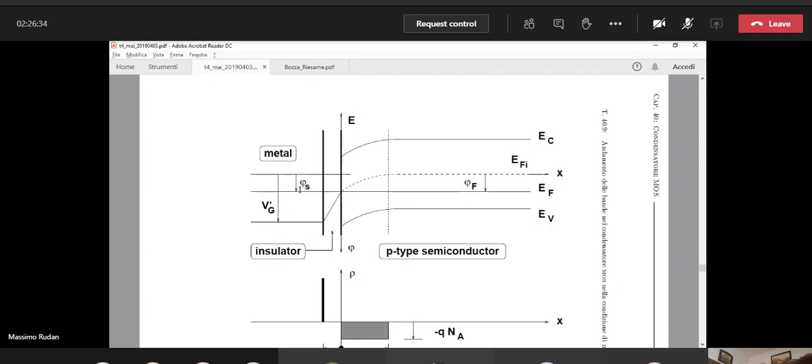And if you look at the figure, we have that phi s is exactly equal to phi f. This is what we call the mid-gap condition, and you see that the mid-gap here coincides exactly with the Fermi level of the material.